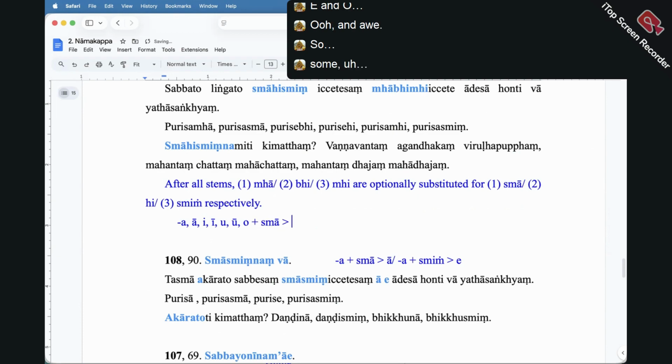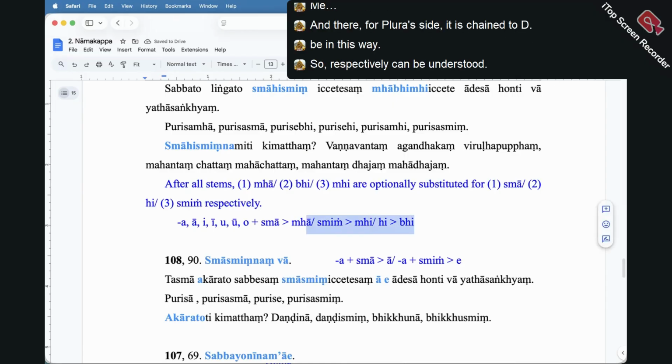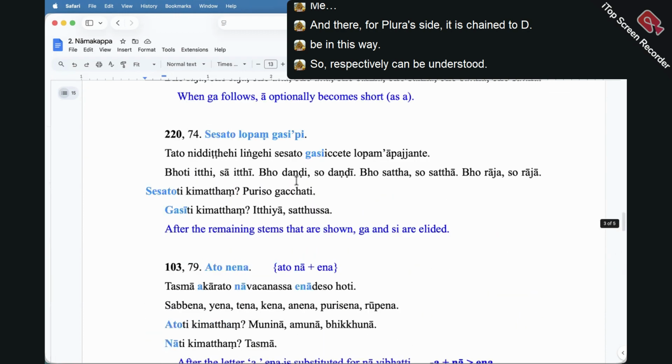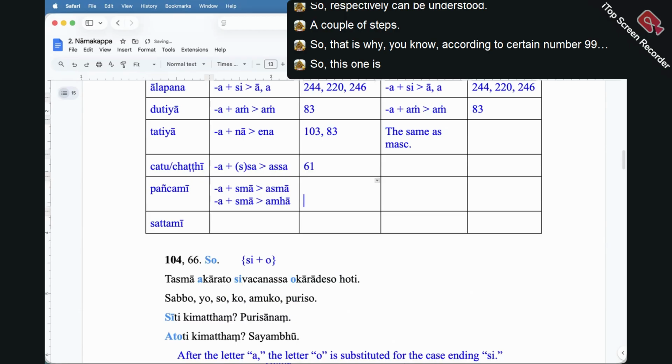Sama is changed to the Ma, that is one part. And then for singular, Samain is changed to the Me. And then for plural, it is changed to the Bi in this way. So respectively can be understood after all stems. So that is why, according to Sutta number 99, Sama is changed to the Ma. Okay.